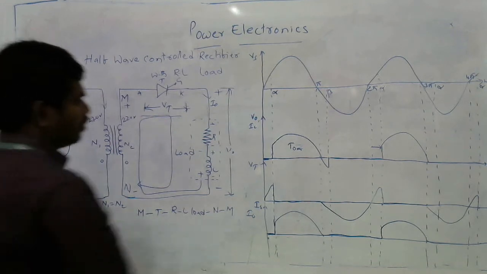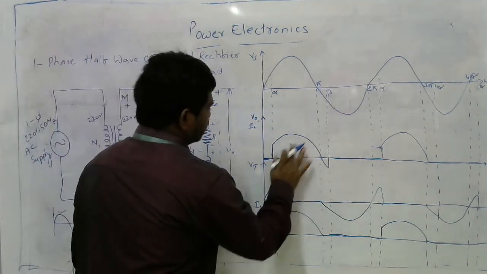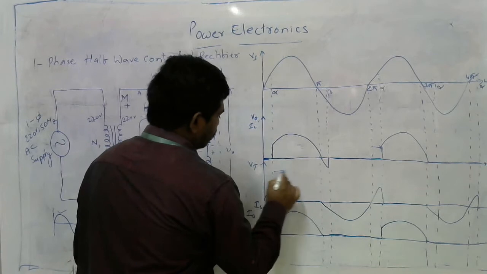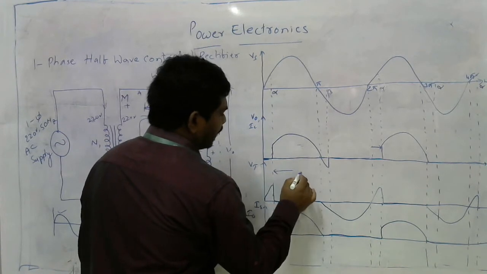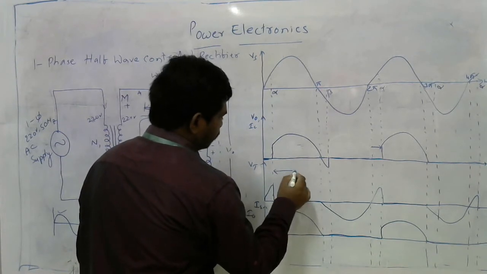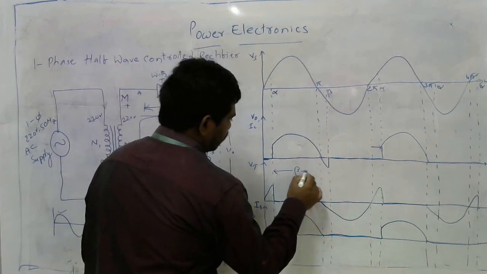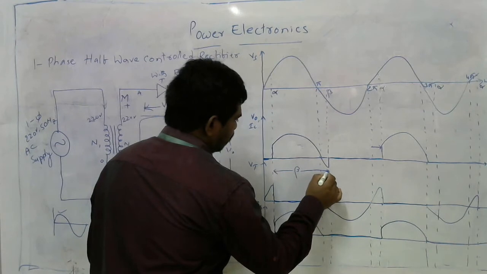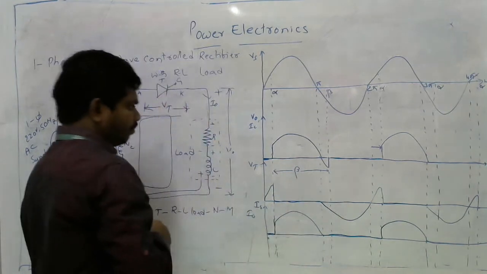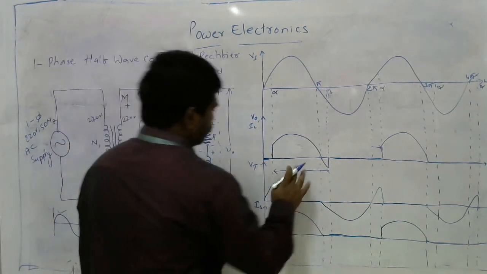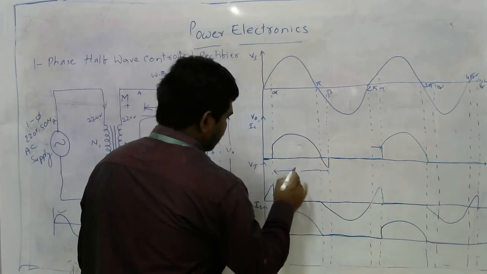Our thyristor is going to be on up to the beta value. This is not beta; you can say conduction angle gamma.